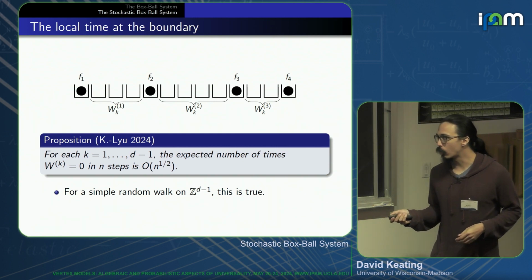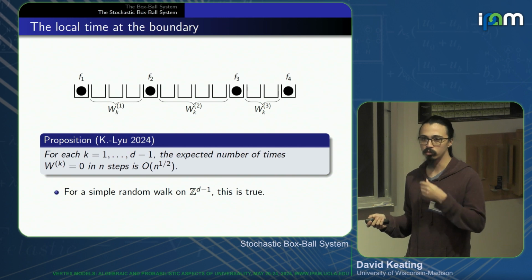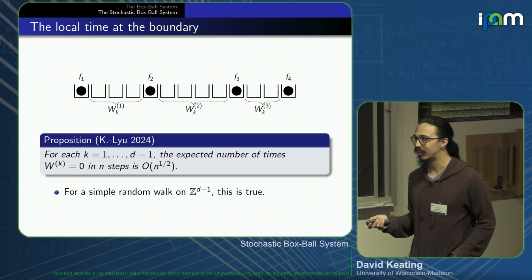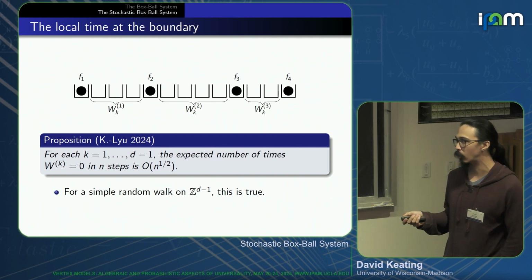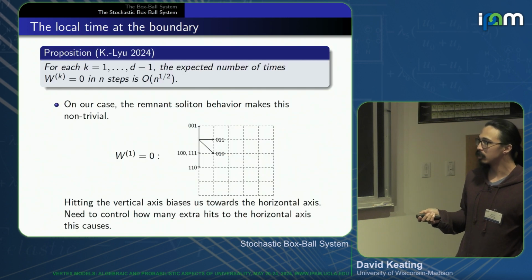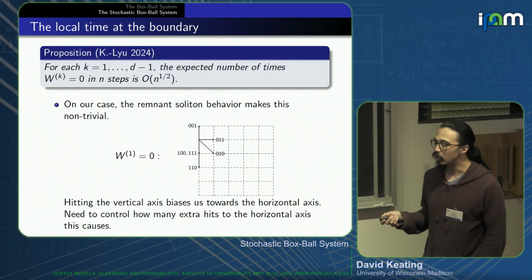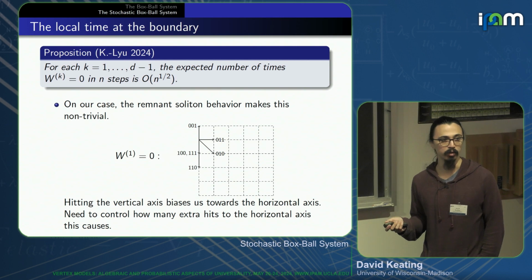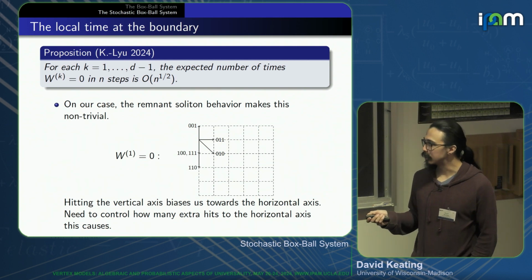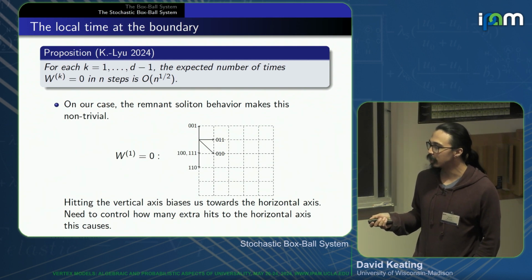For a simple random walk, this is easy to show. But for our case, this remnant soliton behavior makes this a little bit non-trivial, because if I hit this axis, I shoot towards the other axis.